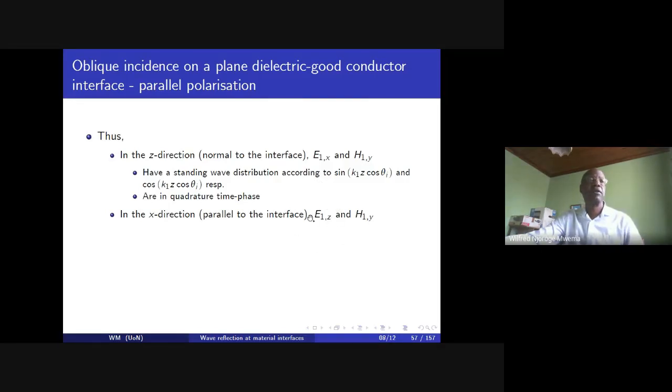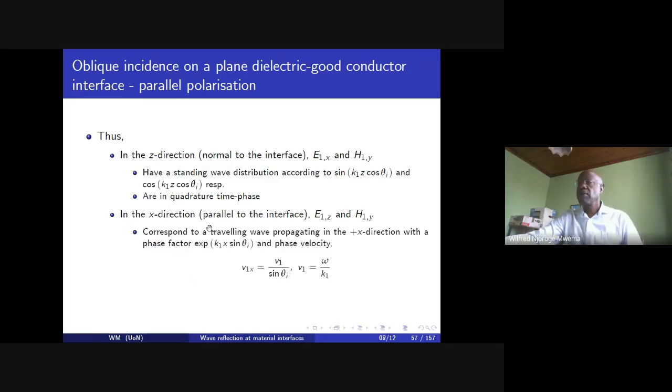In the x direction, that is in the direction parallel to the interface, the z component of E1 and H1y will correspond to a traveling wave, or a propagating wave, that is propagating in the positive x direction with a phase factor given by exponent of k1x sine theta I and a phase velocity v1x equal to v1 by sine theta I, where v1 is simply omega by k1.